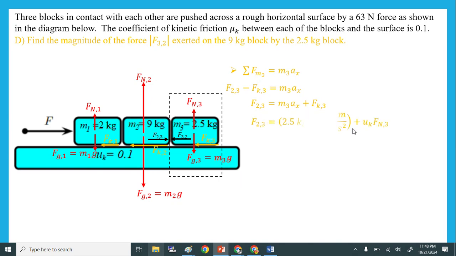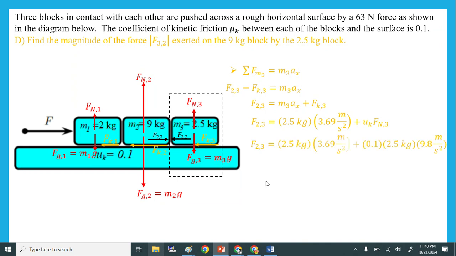So here I have a bunch of values already. M3 I know is 2.5. Acceleration has been the same for the whole presentation, which is 3.69 that we calculated earlier. Here I broke up FK3 into mu k times FN3, and we know that FN3 is just the weight of the third block.